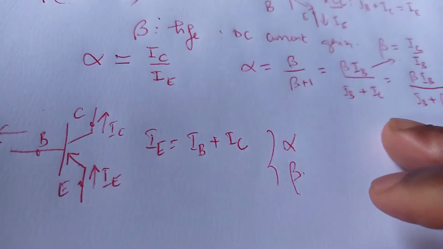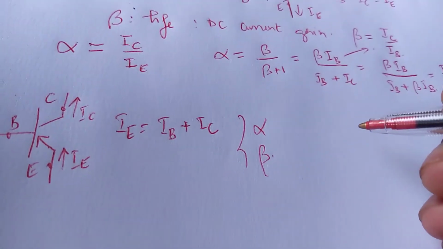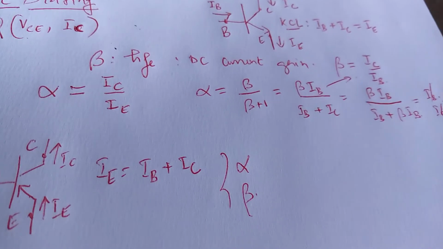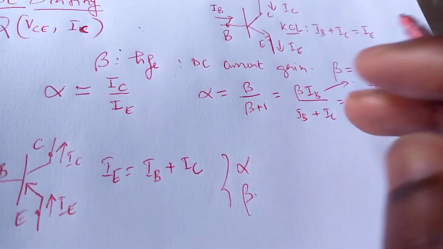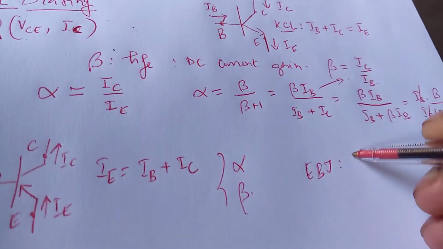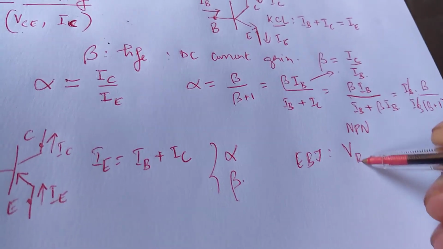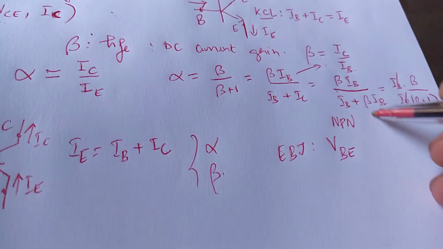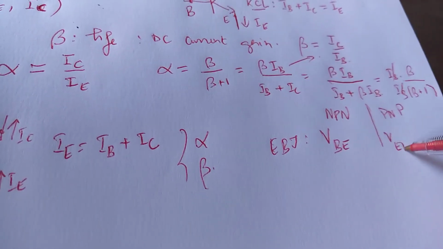When it comes to the different voltages, you recall that the transistor is made up of two junctions, the EBJ junction as well as the CBJ junction. On the EBJ junction, we have the voltage that for an NPN transistor is called VBE, and for a PNP similarly is called VEB.